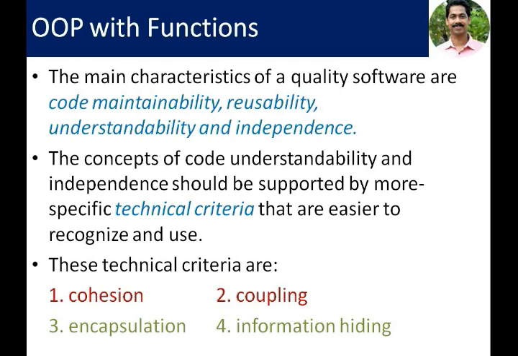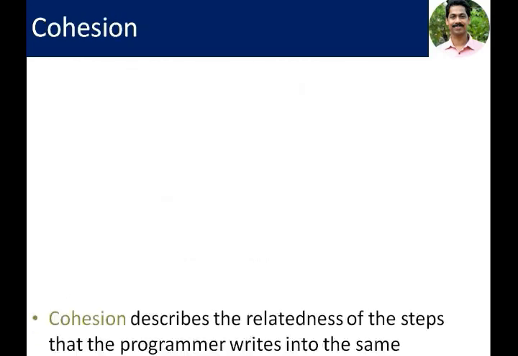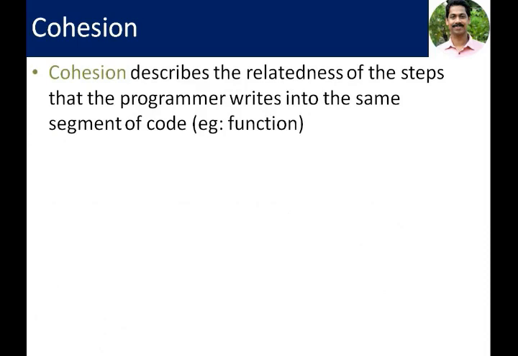So these are the 4 technical criteria for large programs to achieve quality software. First one is cohesion. Cohesion describes the relatedness of the steps that the programmer writes into the same segment of code. That is a function.